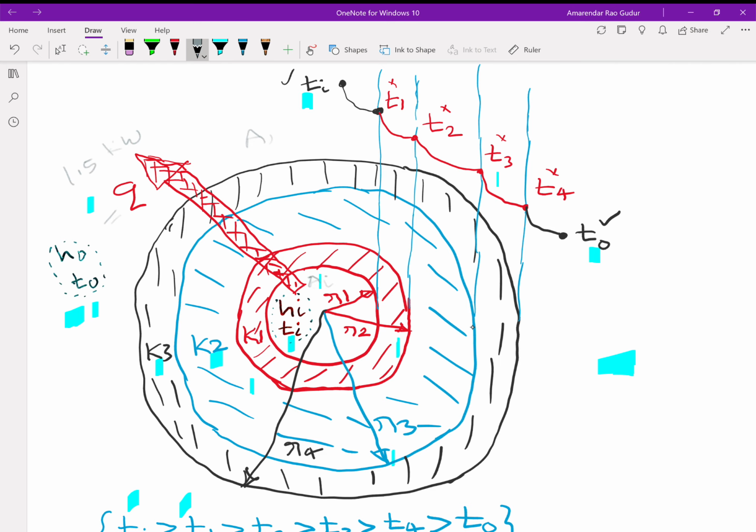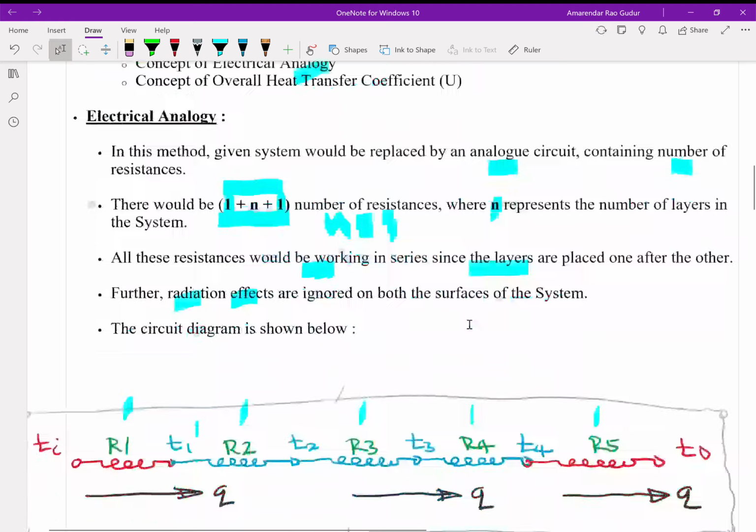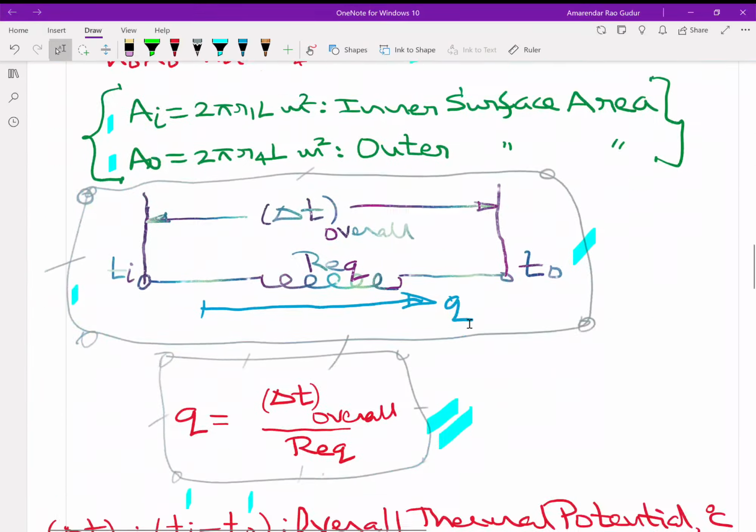And to compensate for the fact that Ai is very small compared with A naught, we are going to have Ui more than U naught. That is the physical reasoning why Ui of a radial system, maybe a composite cylinder or composite sphere, is more than U naught. It's only to compensate for the reduced area available for the inside fluid.